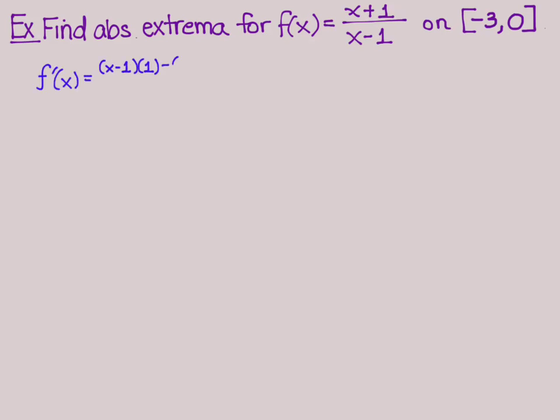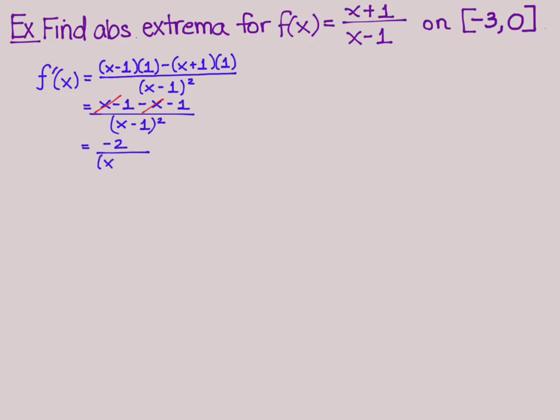Let's try it again. Let's find the absolute extrema for f of x equals x plus 1 over x minus 1 on the interval from -3 to 0. We have to take the derivative using the quotient rule, so we end up with -2 over (x minus 1) squared.